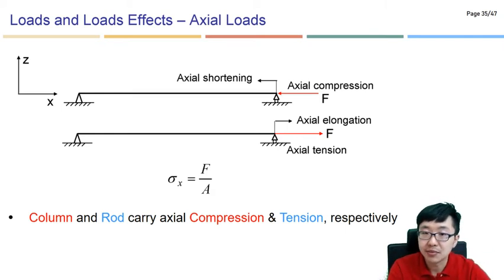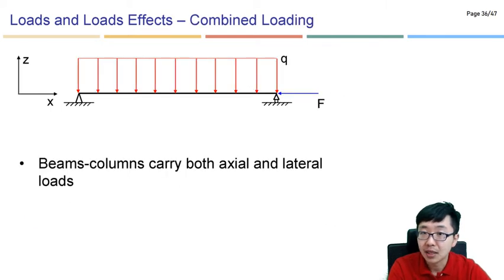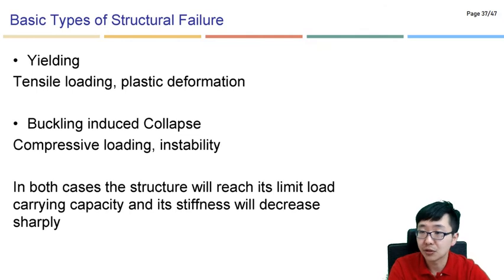So you can simply see those figures. And combined loading, in this case beam column, is a 1D structure subjected to bending as well as compression. So yielding and buckling induced collapse, this is truly important. I have to highlight this part for you to understand.